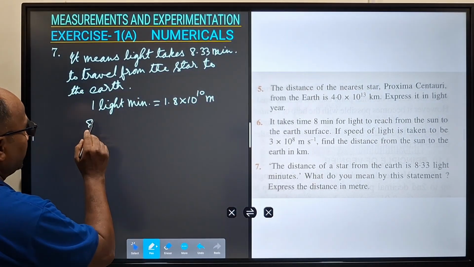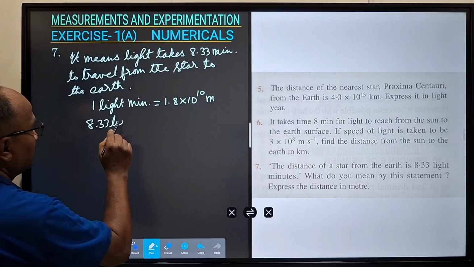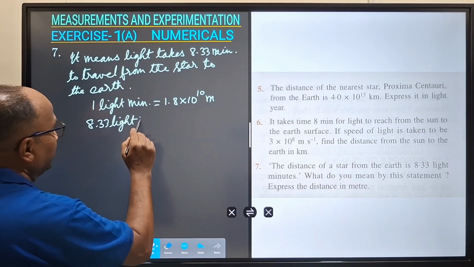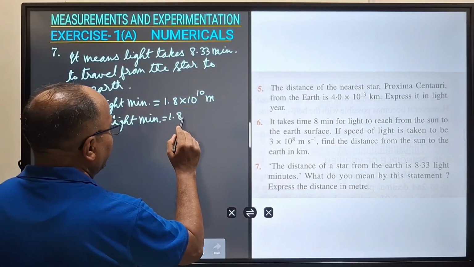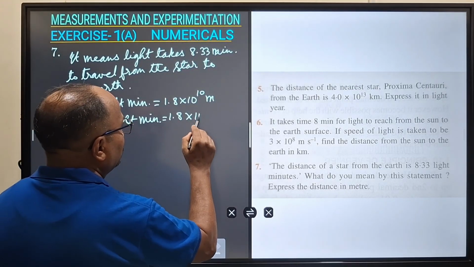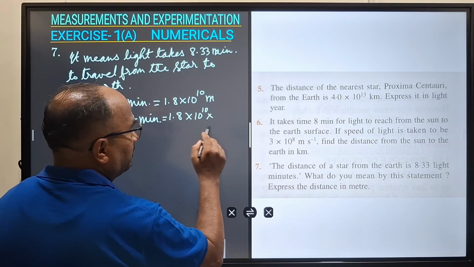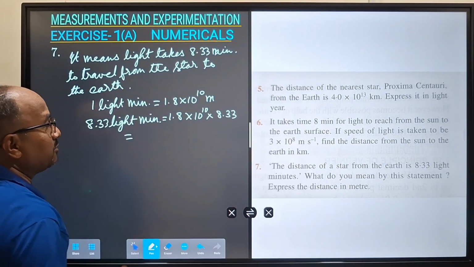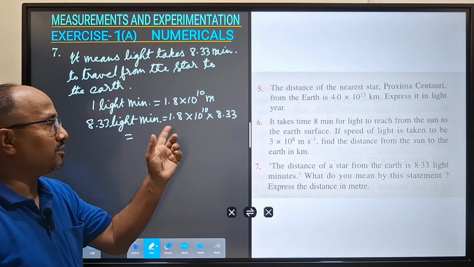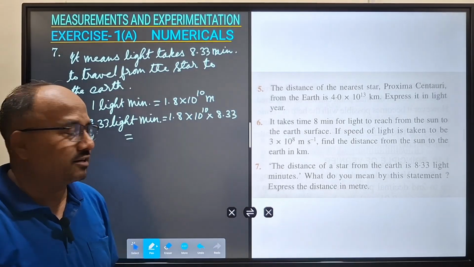So 8.33 light minutes will be equal to 1.8 into 10 to the power 10 multiplied with 8.33. So let us multiply. I am just considering this one as 18 and this as 833.